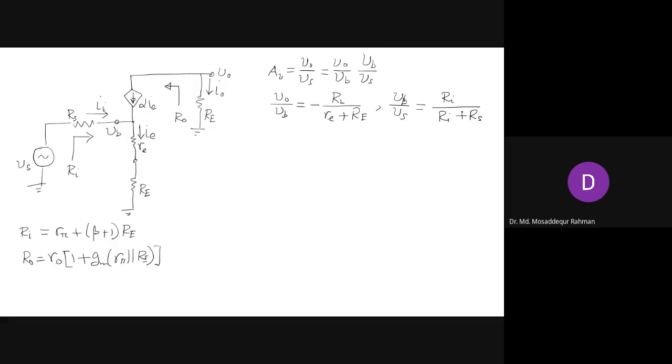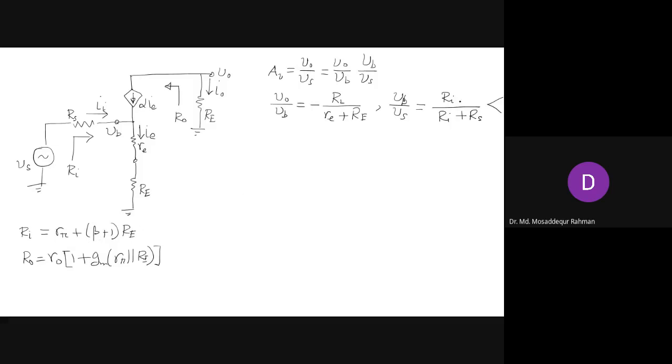As you can see, this part will obviously be lower than 1. So here we get the attenuation, same as for common emitter. But what is different here is that Ri is much larger in this case. For common emitter it was just R pi. Now that has considerably increased by this term, beta plus 1 times RE. So we have much higher Ri.